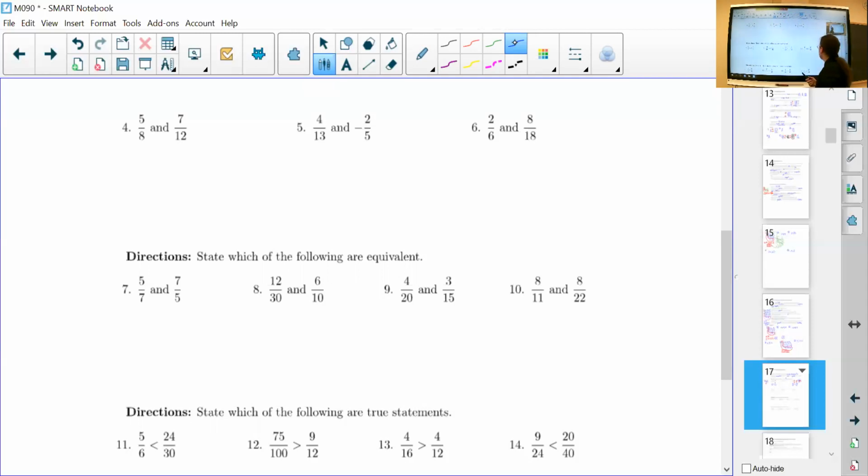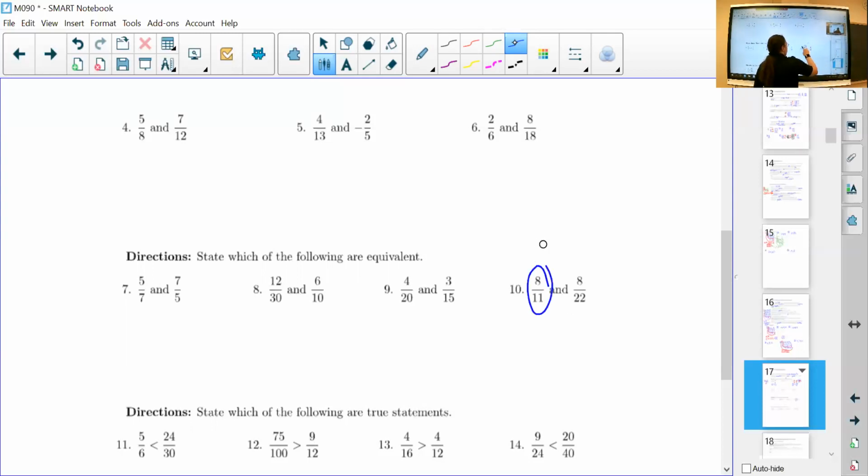Let's look at 10. So 10, are these equal? Well, I could find a common denominator, would be 22. Or I could just say, wait a second, I've got 8 pieces in both cases. The numerator is 8. If I have 8 pieces of a pizza that's divided into 11 pieces, and 8 pieces of a pizza that's divided into 22 pieces, well, assuming the pizzas are the same size, and assuming I'm hungry, I suppose, I'm going to want this 8/11.